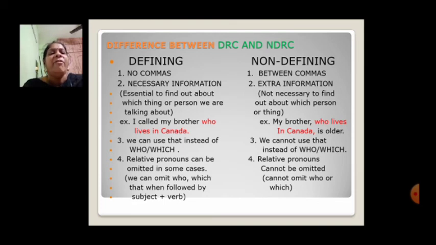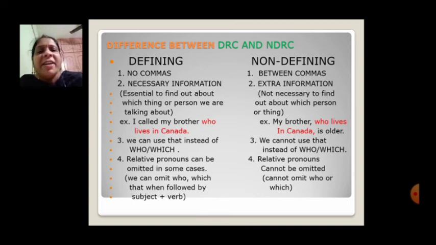Next one. We can use that instead of who and which in a defining relative clause, but we cannot use that instead of who or which in a non-defining relative clause because it gives only additional information. That's why we can't use who and which. Next one. Relative pronouns can be omitted in some cases.